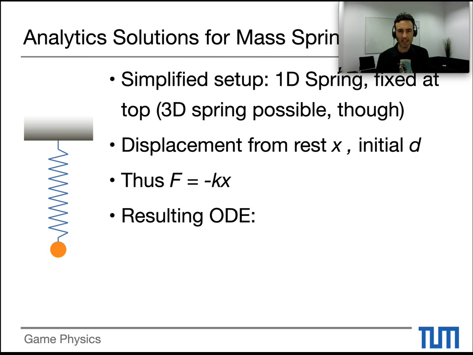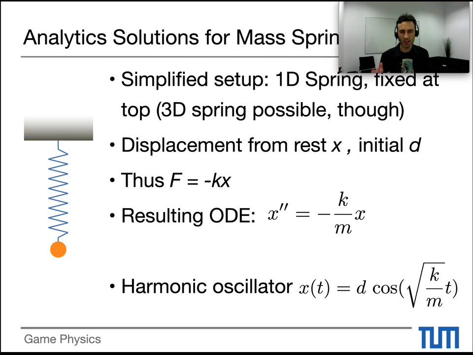Typically we need some initial conditions, so in this case, for example, an initial displacement, and the ODE that we have in this case is in a way also a very fundamental and simple one. The acceleration is now minus k times x divided by the mass of the point. And from this ODE, we actually get solutions that are called harmonic oscillations.